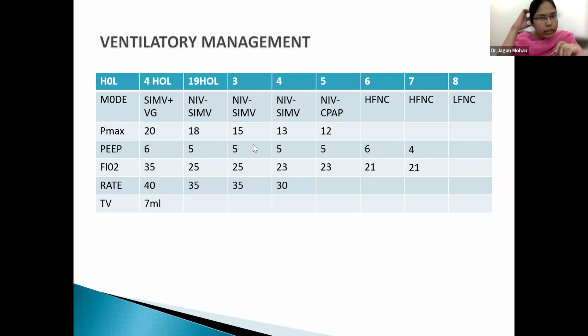On day 3 and day 4, the baby required NIV SIMV mode, with pressures and FiO2 gradually decreased. On day 5, the baby was shifted to NIV CPAP mode with FiO2 of 23%, PEEP of 5 and Pmax of 12. On day 6, the baby was connected to HFNC, required for 2 days. Now the baby is on LFNC, requiring 1 liter per minute oxygen.